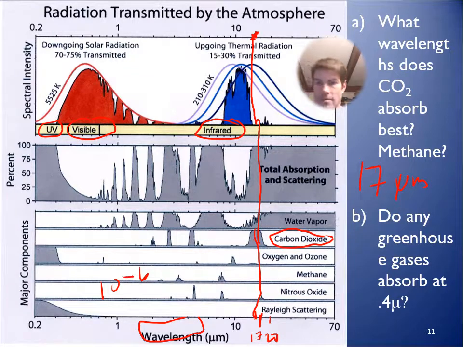And let me see, do any greenhouse gases absorb at 0.4? So let's look at this. We're looking here, 0.2, this would be 0.3, this would be 0.4. So let's go up here.